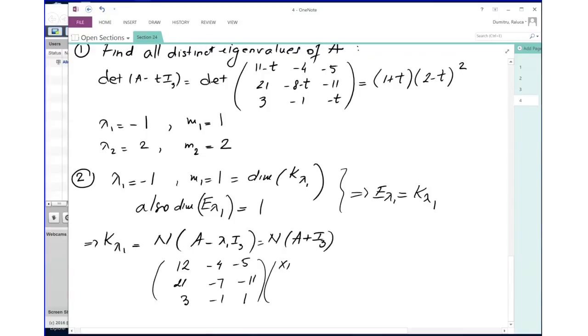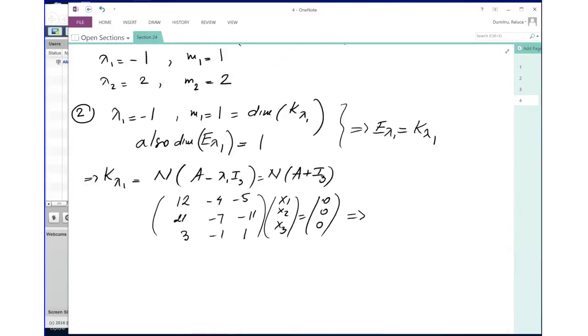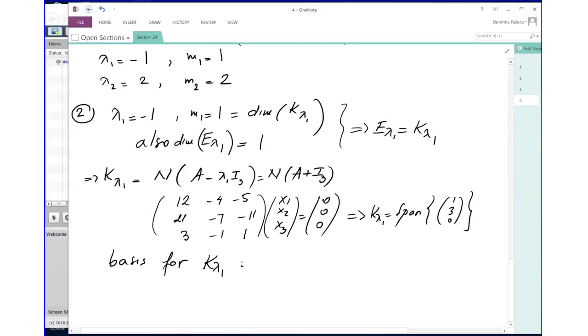All right, times x1, x2, x3 equals 0, 0, 0, and you solve that system, and you get that K lambda 1 and E lambda 1 are equal to the span of (1, 3, 0). So we found the basis for K lambda 1.